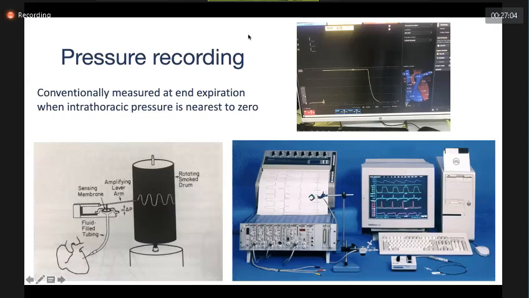So you all must have done experiments in your physiological laboratory where the frog heart pressure will be connected with a fluid filled catheter here, which goes and hits a membrane, a dome, and then mechanically the lever will move and touch this kind of a roller board, then it will give the pressure in the mechanical form itself.